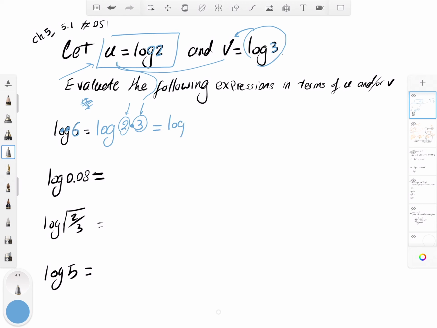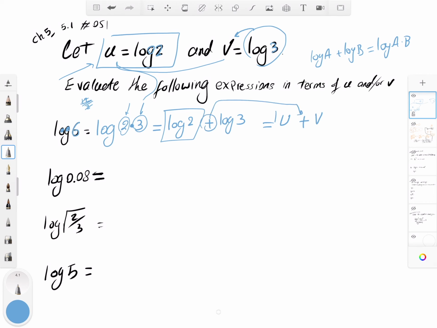We write it in addition. Your favorite formula: log A plus log B equal to log of A multiplied by B. So now instead of log of 2, I can put u, plus, instead of log of 3, I put v, and we are done.